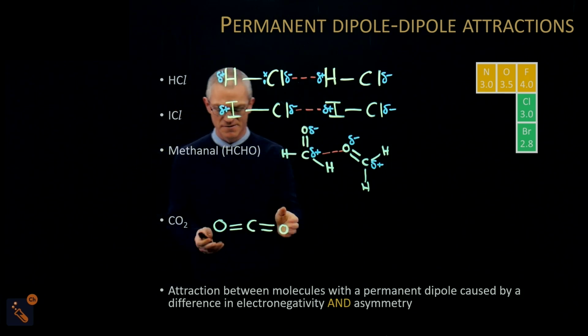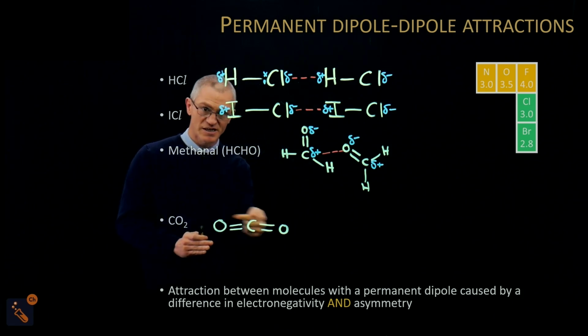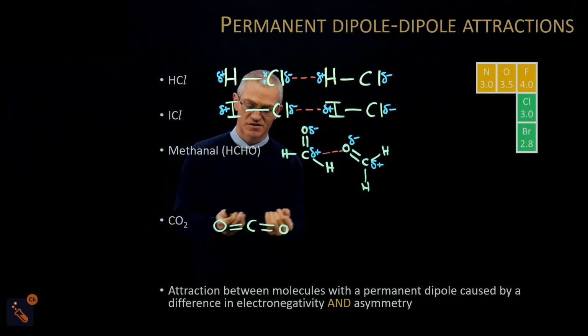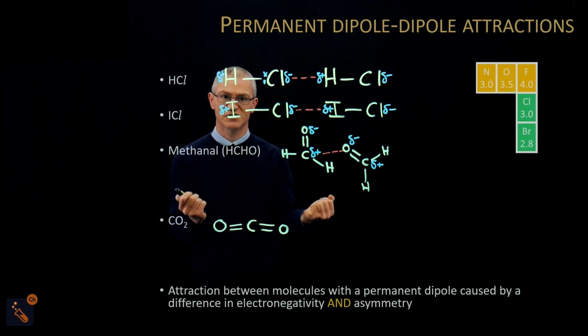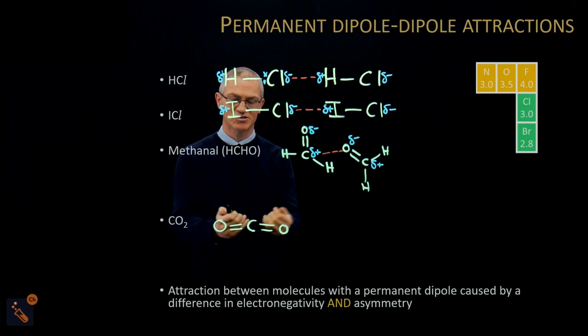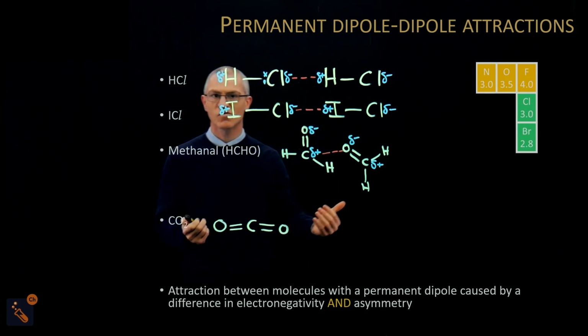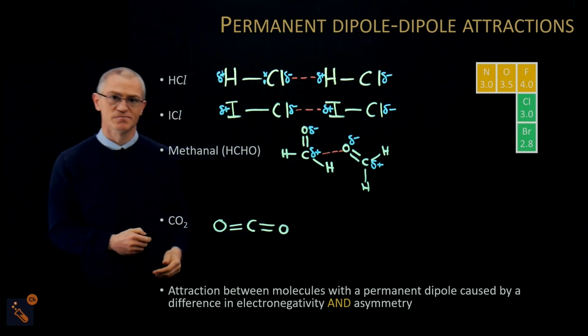So for example here, if you look at the symmetry, you can see that the oxygens are pulling the electrons that way, and the oxygen is pulling the electrons that way. Okay, so pulling in opposite directions. So there is a symmetry there as well. It's not just symmetry in terms of the molecules, it's symmetry in terms of where the electrons are being pulled.